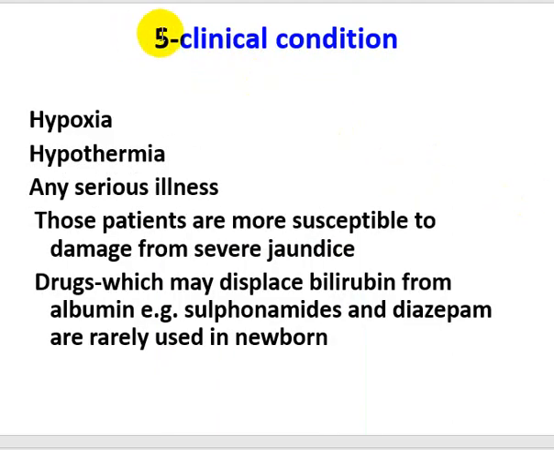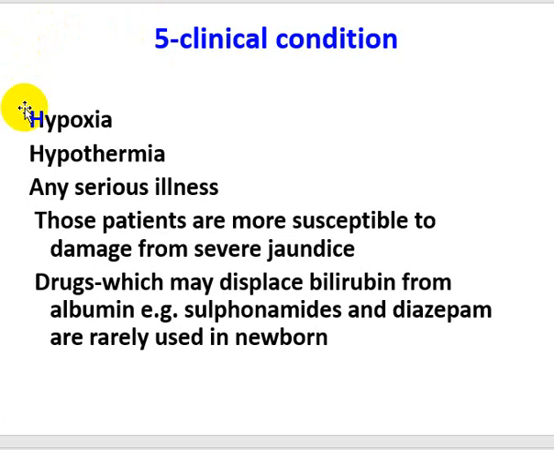We mentioned in the beginning, we need to do a full examination of this baby. After taking history from the mother, after concentrating on the points we mentioned, then we need to examine the baby, because some factors present during examination or assessment of this baby can lead to an increase in the serum bilirubin. For example, hypoxia.